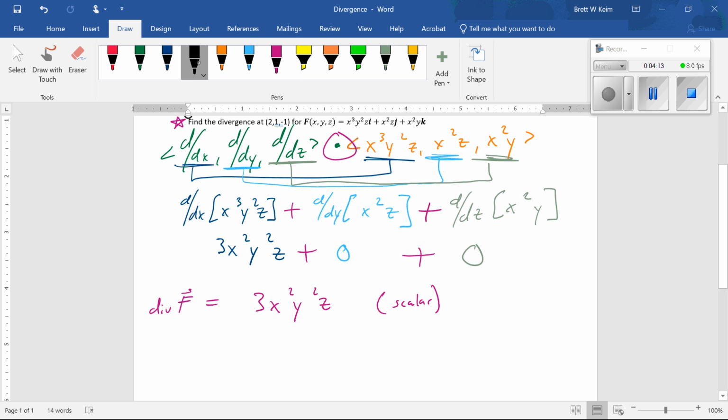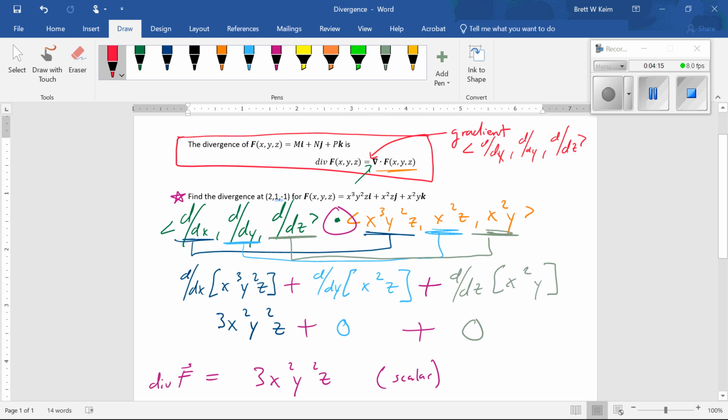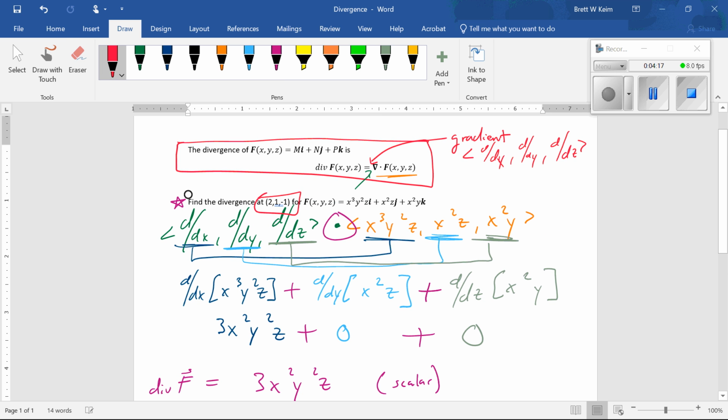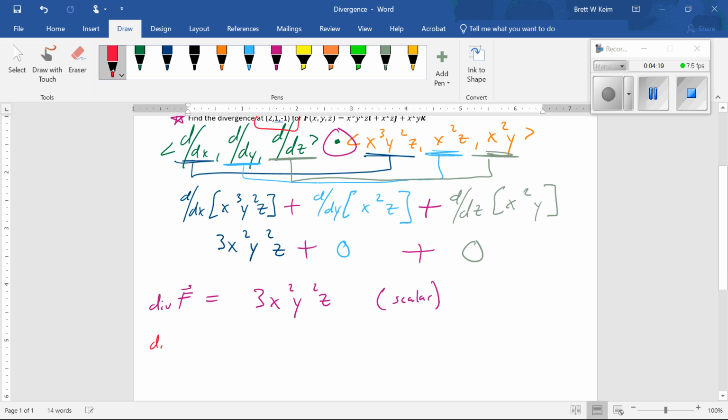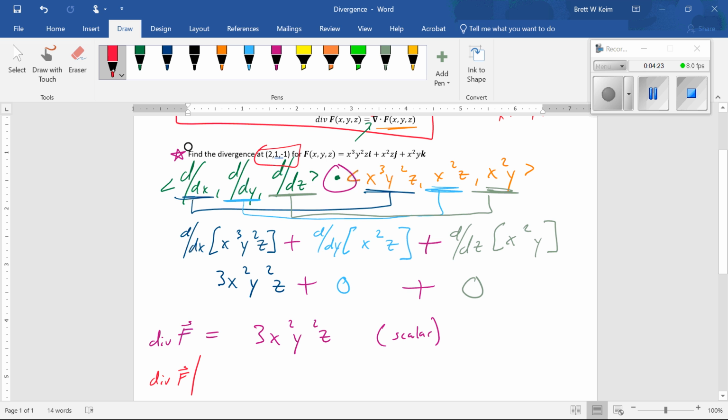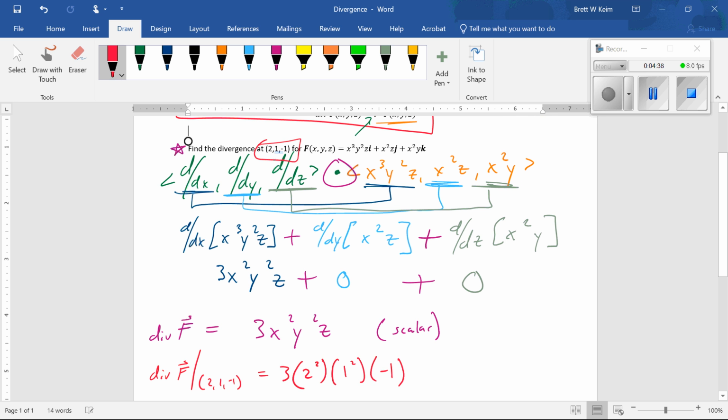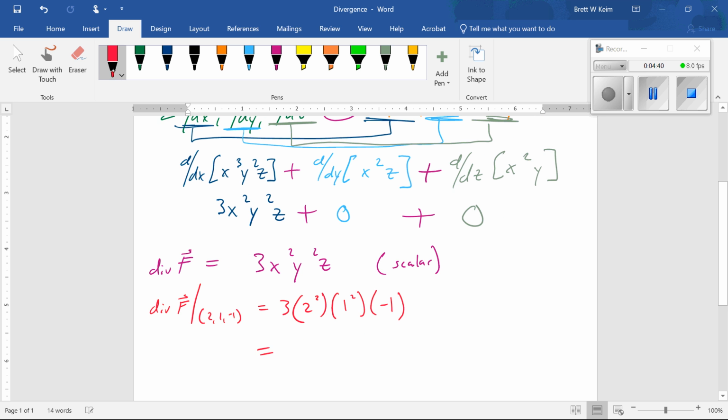And here at the end, it did ask me to go after a specific point. So I say, divergence of F at the point 2, 1, negative 1, is equal to 3 times, x is 2 then, y was 1, and z was negative 1, which ends up being what?